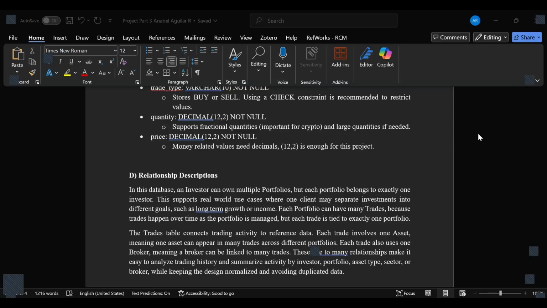And each trade also uses one broker, which means that a broker can be linked to many trades. So these are one-to-many relationships, and it makes it easy to analyze trading history and summarize the activity by investor, asset type, portfolio, sector, or broker, while keeping the design normalized and avoiding data duplication.